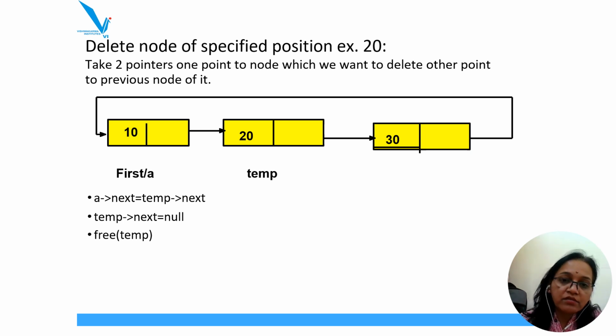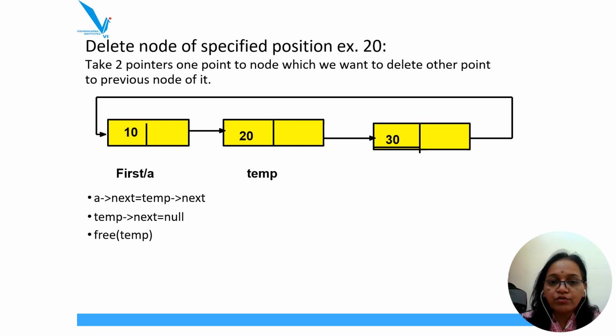Now delete a node specified at some position, right? Suppose in this particular list I want to delete a node at position 2, that is node 20 I want to delete. Okay, so again you will require two pointers, one pointing to the node which we want to delete and the other pointing to the previous node. Okay, so we have a temp and we have a node a and we have a first pointer also which points to the first node.